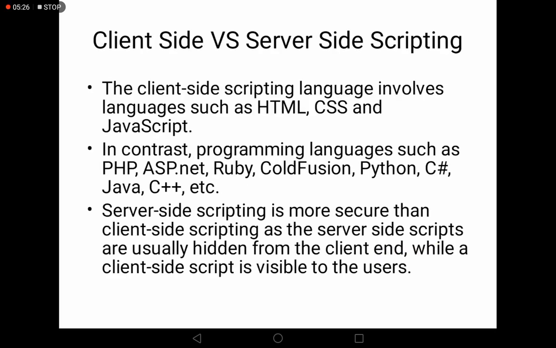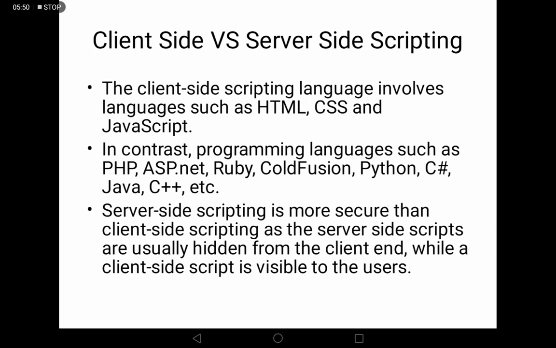In simple words, any scripting or programming that can run on the web server is known as server-side scripting. What are the differences between client side and server side? First difference: client-side scripting involves languages like HTML, CSS and JavaScript. These languages are used to design the client side because they help to run your application in the browser itself. It doesn't go to the server for any evaluation.